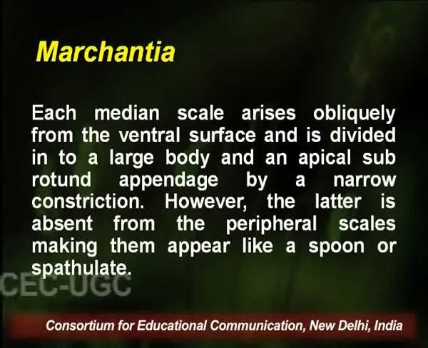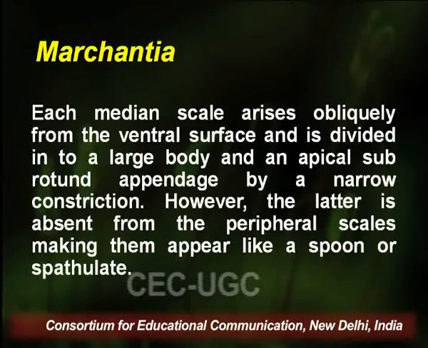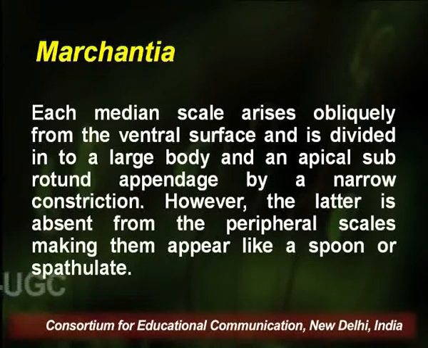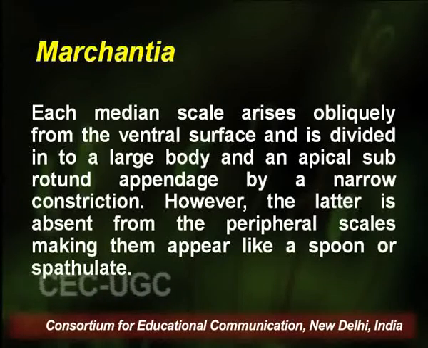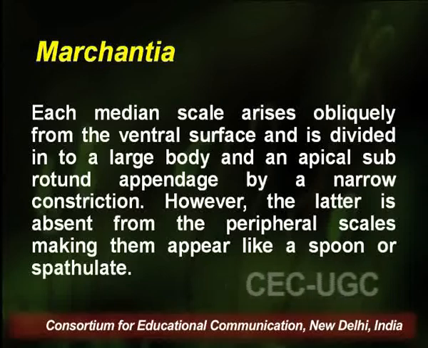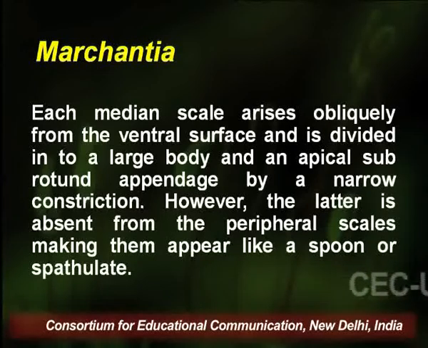Each median scale arises obliquely from the ventral surface and is divided into a large body and an apical subrotund appendage by a narrow constriction. However, the latter is absent from the peripheral scales, making them appear like a spoon or spatula.